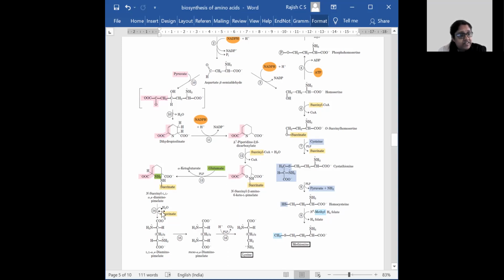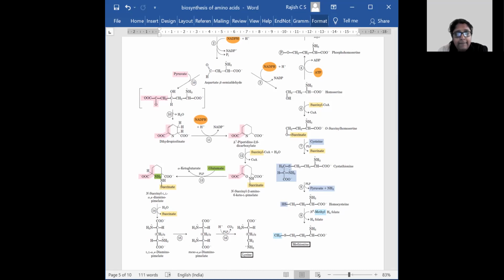So once the succinate has been removed, then we will have alpha diaminopimelate. So that is the precursor for lysine formation.